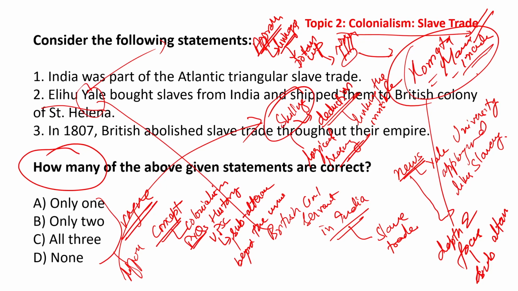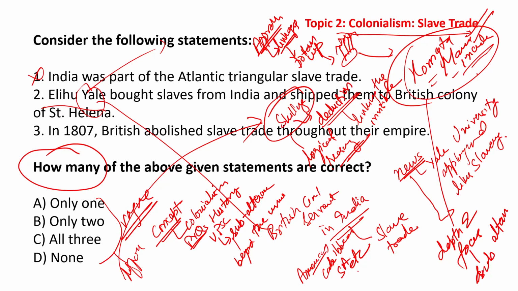Let us look at the statement. India was a part of the Atlantic triangular slave trade. No, that is not correct. If you look at the slave trade, it was largely the Americas, the Caribbean, South America, etc. So India was not a part.